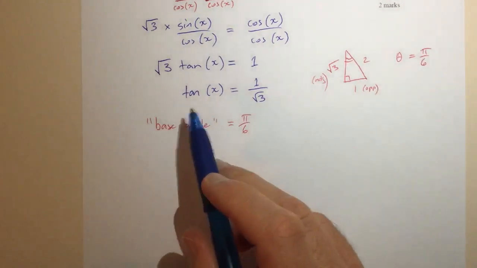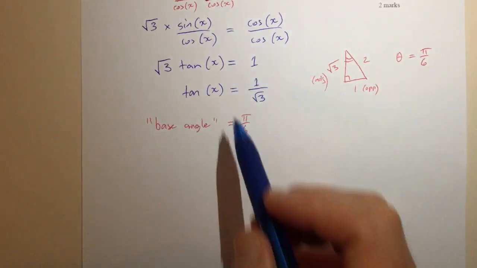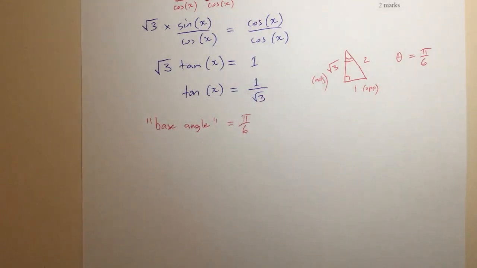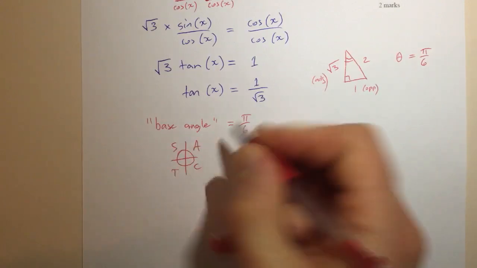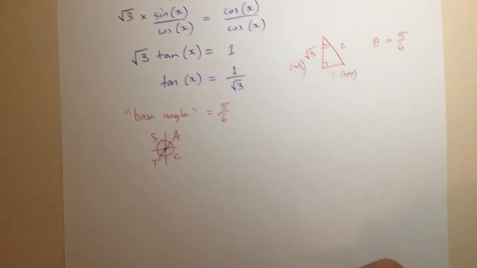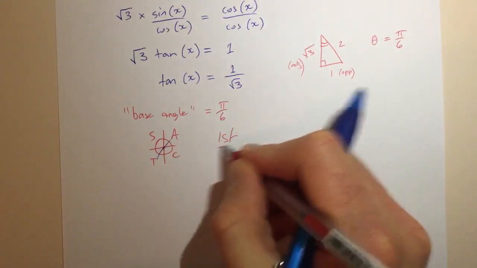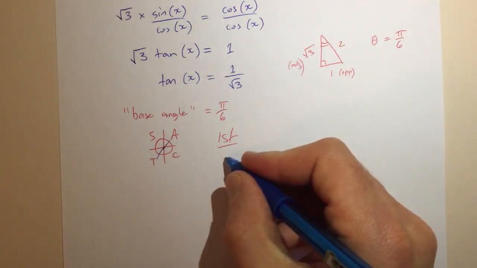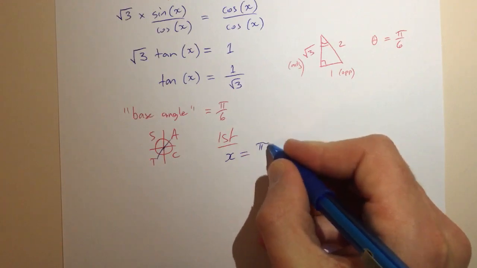In this case, it's just tan of x, so that makes our job of solving a little bit easier. It's tan x equals a positive number. So we think about where tan is positive, and that's in the first and third quadrant. So for the first quadrant, we've got the angle, which is just x equals pi on 6.